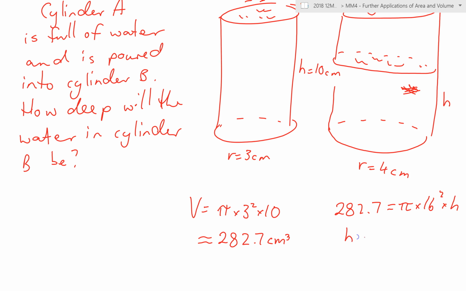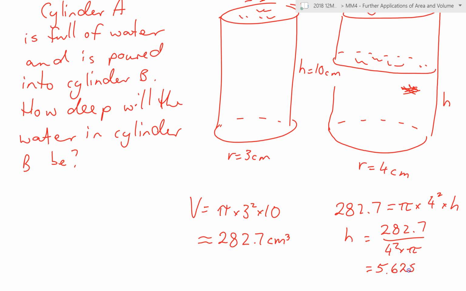That means, with a little bit of algebra, my height equals this divided by this, 282.7 divided by 4 squared times pi, which is going to be equal to about 5.625.